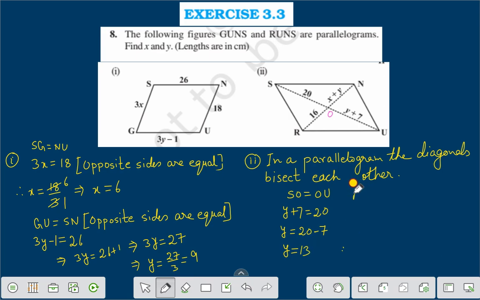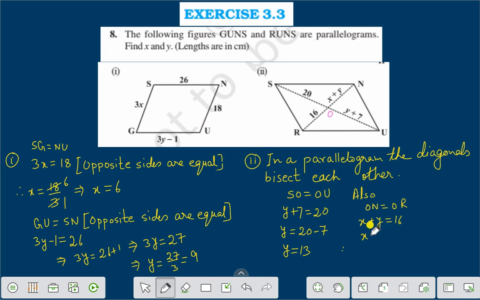Also, you can write that OR is equal to ON. The value of ON is x plus y, is equal to the value of OR, which is 16. The value of y is equal to 13.